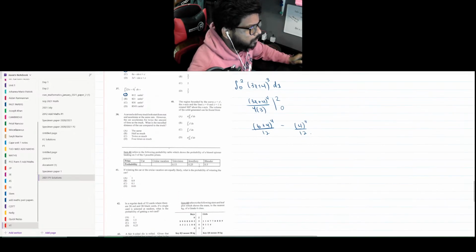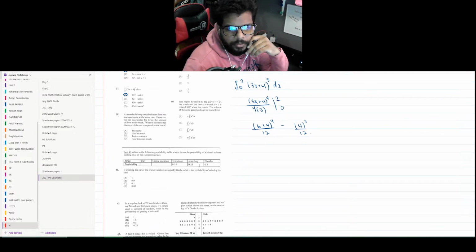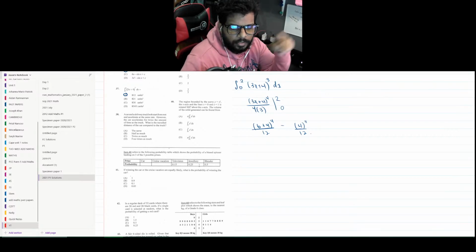Number 38. Right, I'm reading it on my thing. A car and a delivery truck both start from rest and accelerate at the same rate. However, the car accelerates for twice the amount of time as the truck. What is the travel distance of the car compared to the truck? Interesting question.